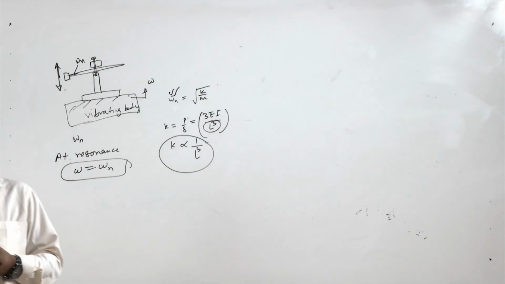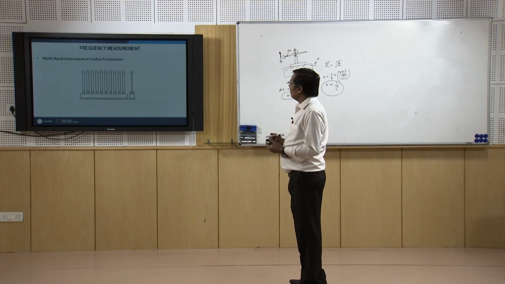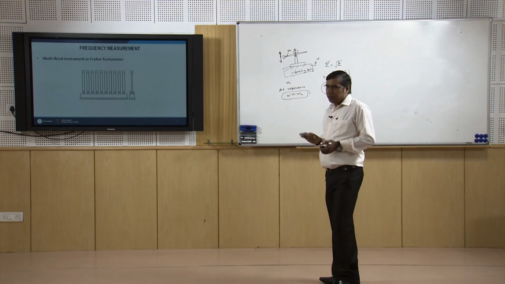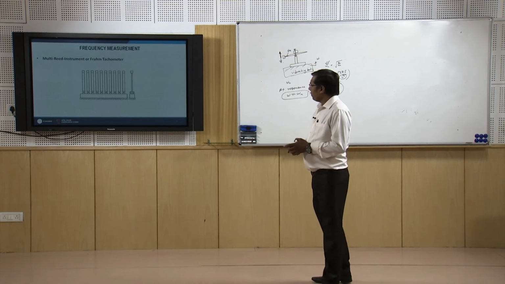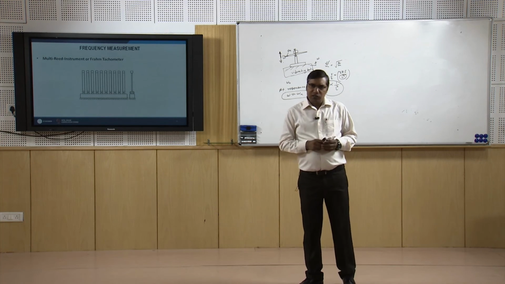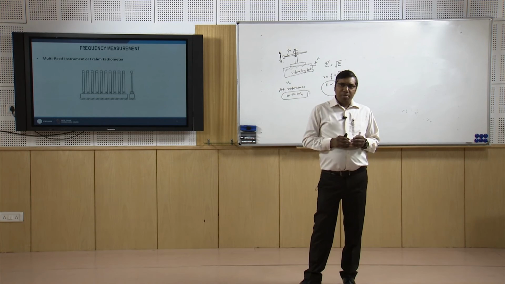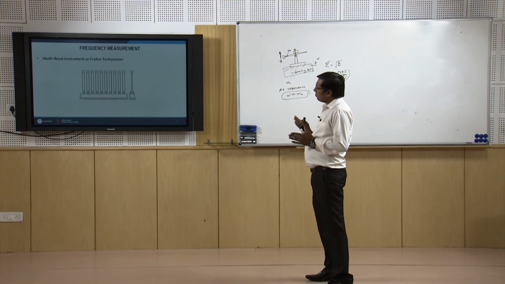Now we have another instrument called the multi-reed instrument or Frahm tachometer. The principle is the same. However, there are several cantilevers, a set of cantilevers, so a wide range of frequencies is possible.